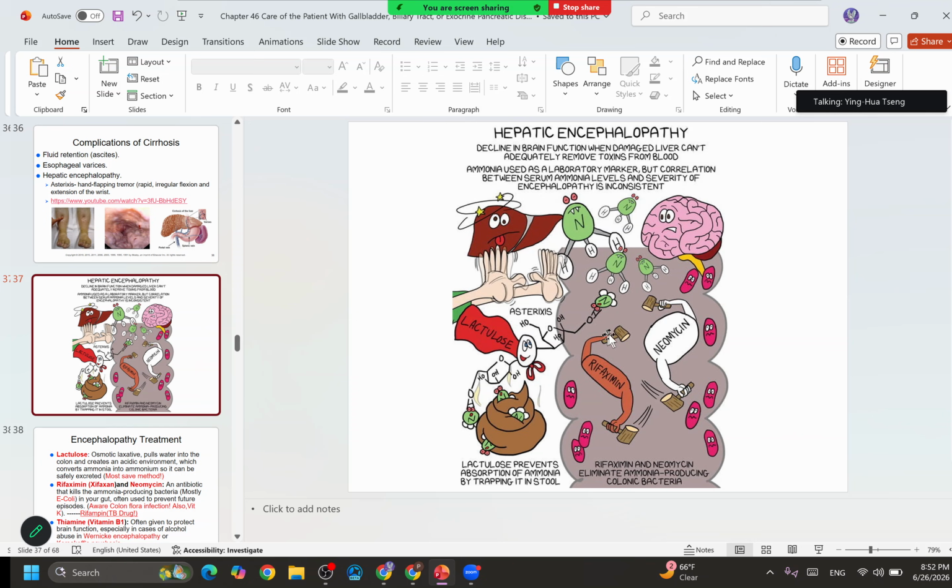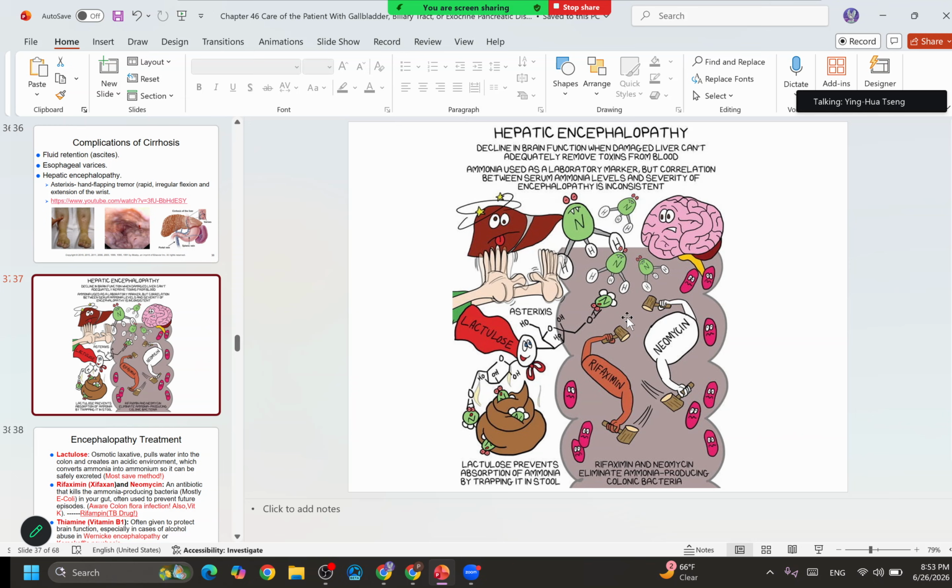Another thing is that we give an antibiotic, and the antibiotic will kill the bacteria in your colon. Because whenever you eat food and it goes to your colon, E. coli usually eats the stool and releases ammonia; the urea becomes ammonia.